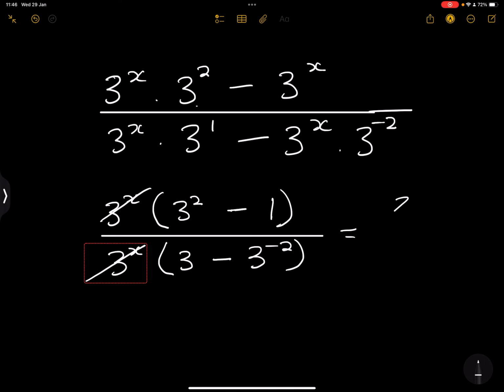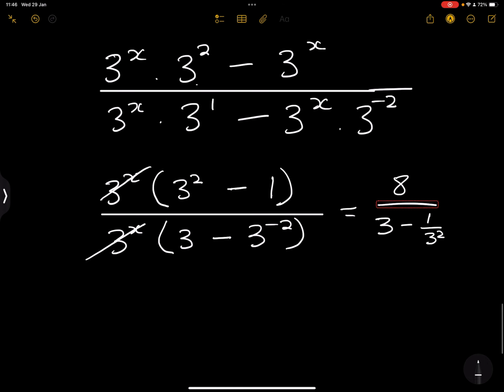That gives us 8 divided by, so we've got 3 minus, now remember 3 to the minus 2 can simply be written as 1 over 3 squared, which is 1 over 9. So that will give us 8 divided by 3 minus 1 over 9.